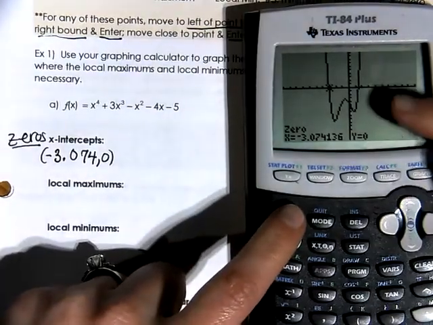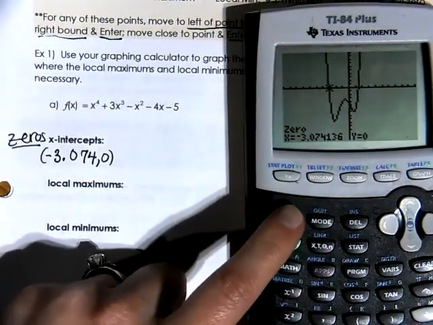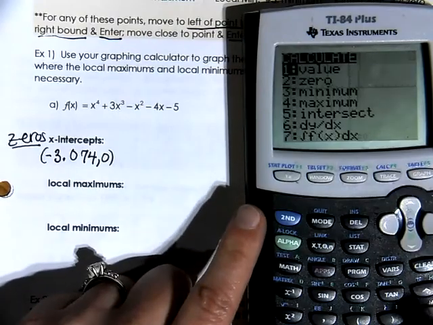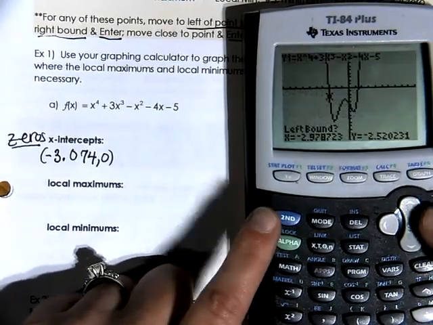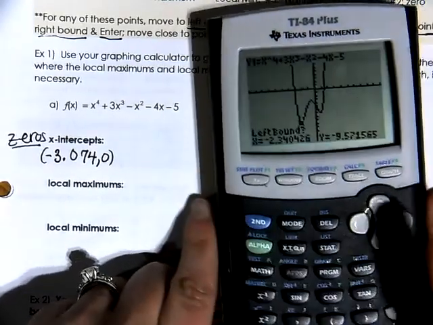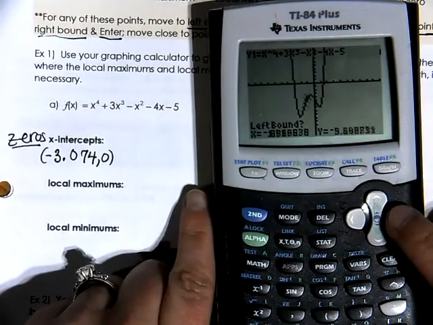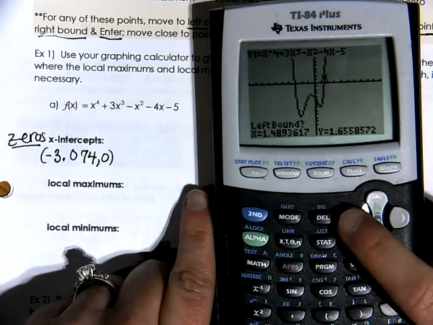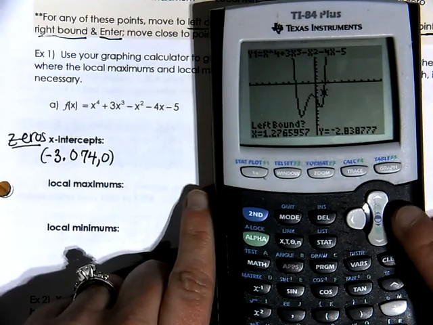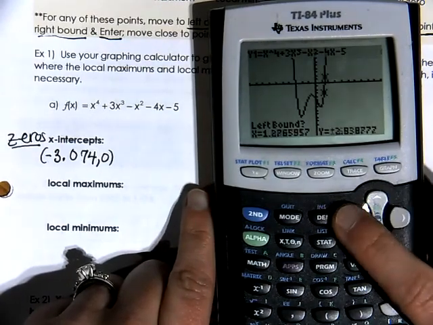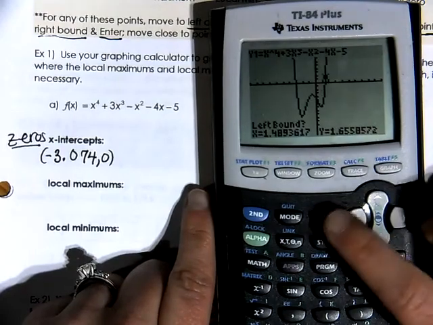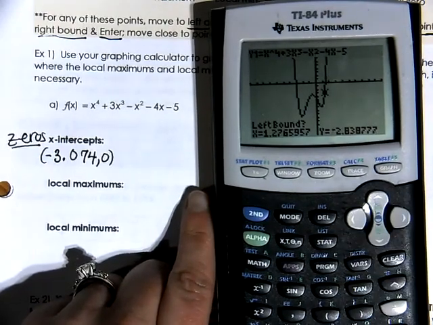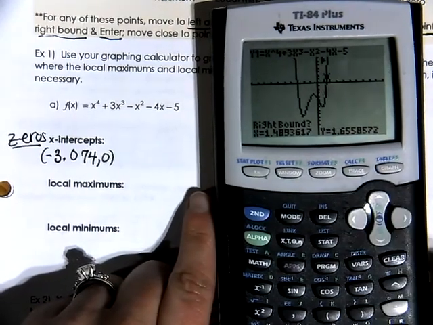Now I'm going to repeat the process because I have another 0 on the other side. Second trace, going down to 0, and I'm going to repeat this process. I'm going to press my arrow going all the way over until I reach my, so here's my left bound, here's my right bound, left, right. Here is my left bound. I'm going to press enter. My right bound is just above.